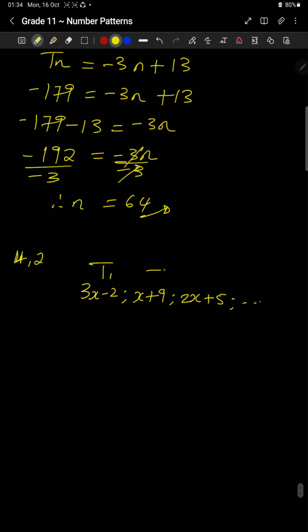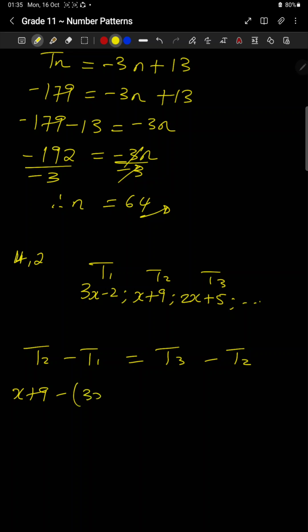We are given that 3x minus 2, x plus 9, and 2x plus 5 are T1, T2, and T3. We just use the formula T2 minus T1 is equal to T3 minus T2, and then substitute: x plus 9 minus (3x minus 2) equals 2x plus 5 minus (x plus 9).